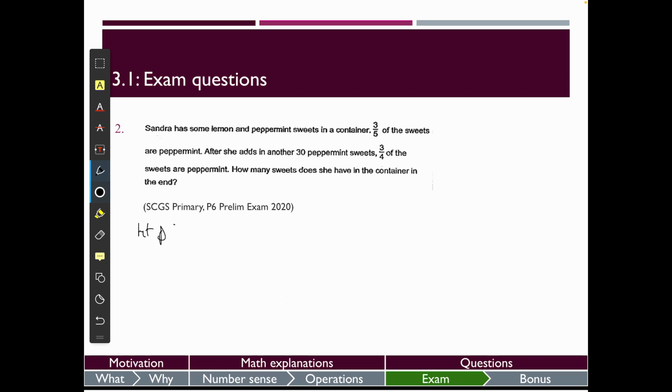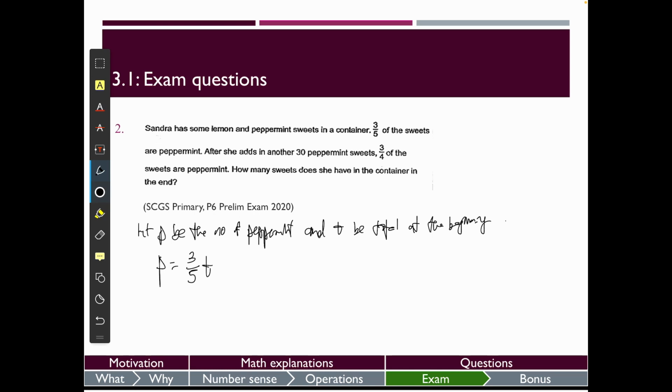So let P be the number of peppermint sweets. T be total at the beginning. Okay, so I said the number of peppermint sweets are 3/5 of the total, right?